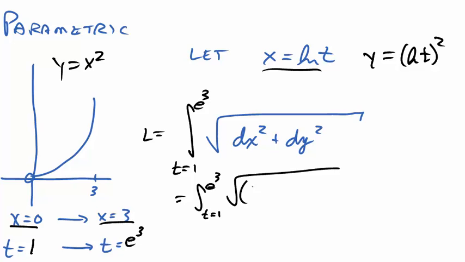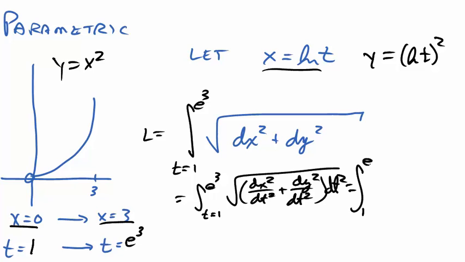And this time I'm going to factor out a dt, dx squared dt squared plus dy squared dt squared, which becomes the integral from 1 to e cubed of the square root of dx dt squared plus dy dt squared. And all of this is now an integral with respect to dt.